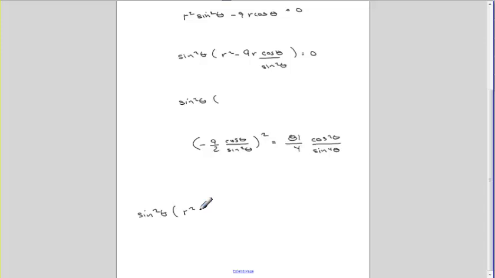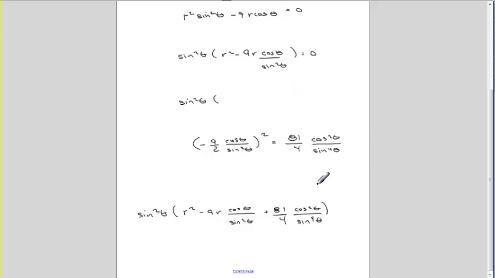Okay. So we take negative 9r cosine theta over sine squared theta, and we have plus 81/4 cosine squared theta over sine to the 4th theta, and that's equal to 0.